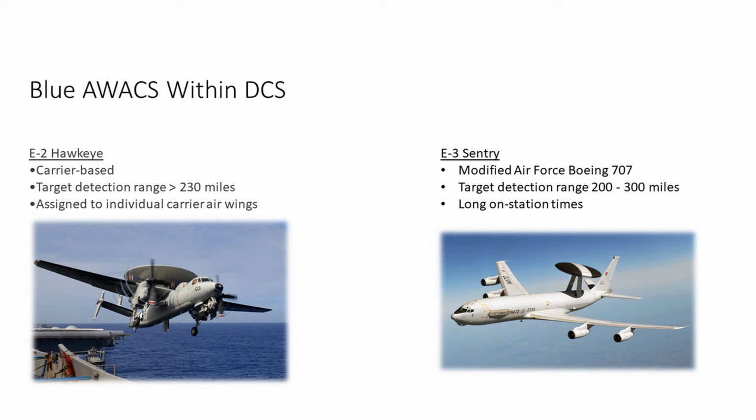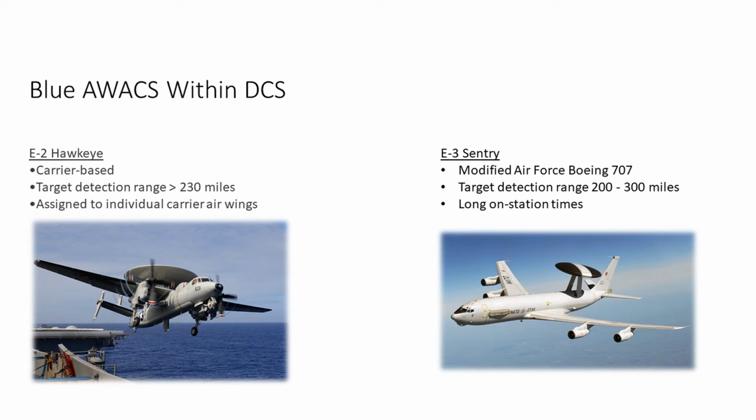And inside the AWACS, there's a group of people, and those people are called air intercept controllers. What they do is manage the battlefield. They're checking in on the flights, telling people where to go, and providing information to flights based on what they see.